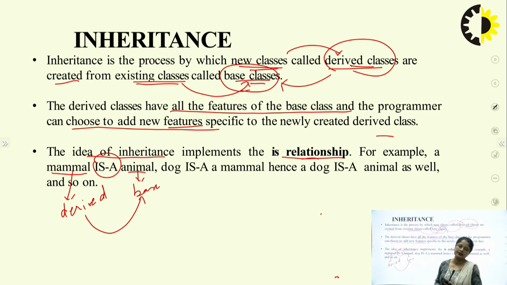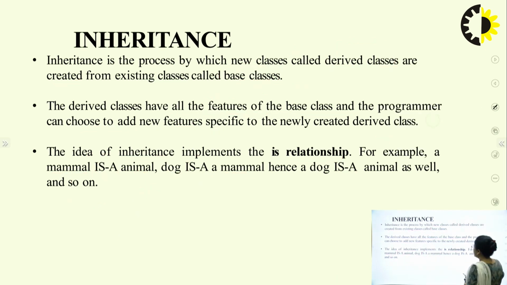In addition to that, it has some extra specific features. Similarly, we can have dog is a mammal. So we can have a class which represents dog, which will be inheriting from a class which represents mammal. Hence, we can say inheritance basically models the is-a relationship. Now, this topic will be more clear as we go to further slides.